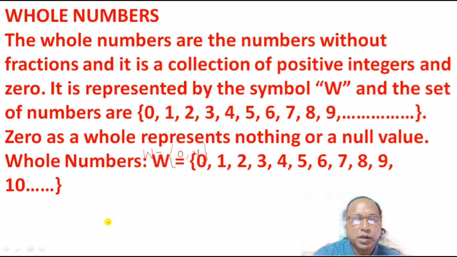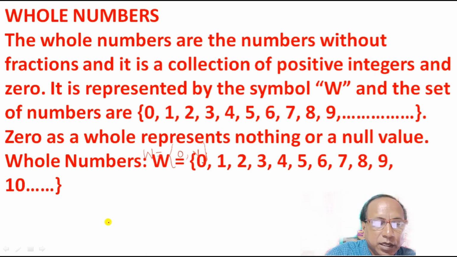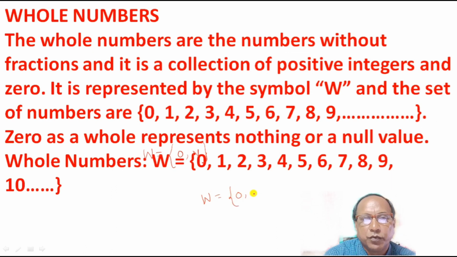W can be written as 0 and the natural numbers. Whole numbers are the natural numbers including 0.